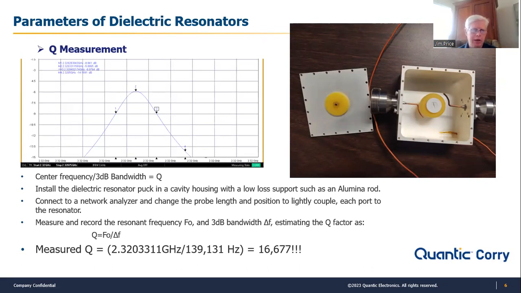What you're seeing on the left is a VNA sweep of the dielectric resonator that I'm showing on the right. And you can see there's energy coupled in and out of the cavity. And it's kind of difficult to show on the graph on the left, but the insertion loss is essentially zero in that cavity.